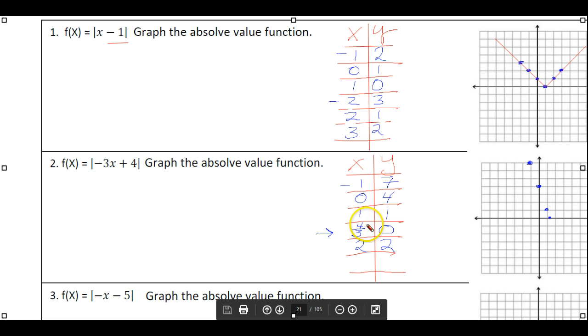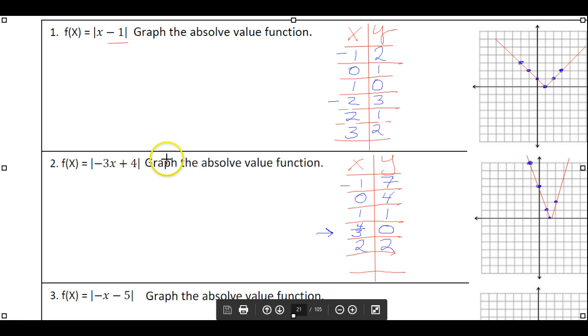This is like 1 1/3. And then when we have a 2, it's up 2. So we're just starting to see what it looks like a little bit. So like so, and like so.